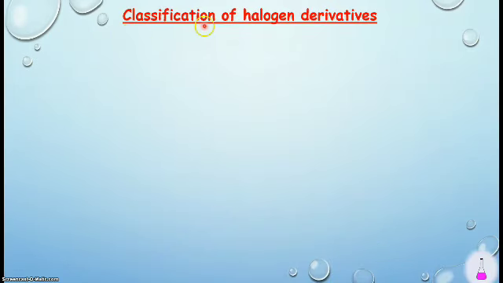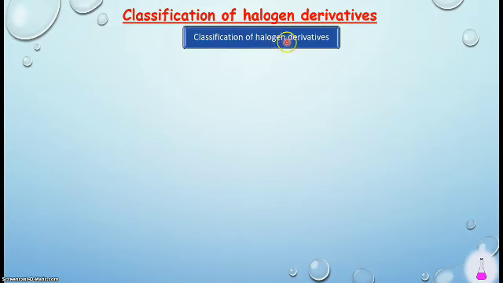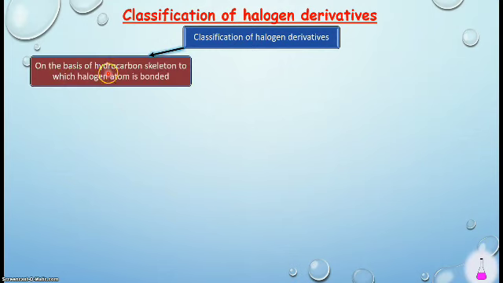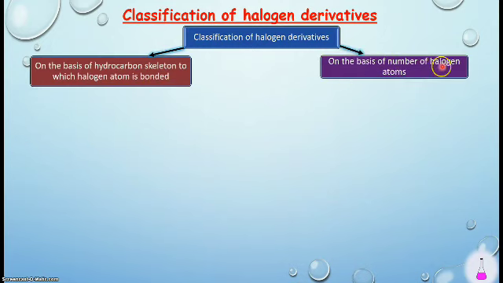The next one is classification of halogen derivatives. Halogen derivatives are classified in two ways. That is, on the basis of the hydrocarbon skeleton to which the halogen atom is bonded, and on the basis of the number of halogen atoms. Hydrocarbon skeleton. In the 11th standard, you have learned about four different kinds of hydrocarbon skeleton, that is alkane, alkene, alkyne and aromatic compounds.